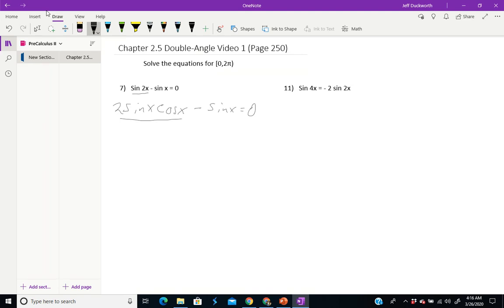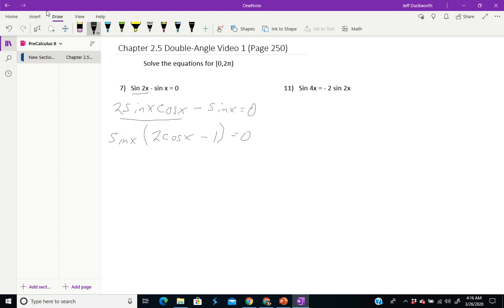That way, if any one of them equals 0, the entire thing equals 0. So we can factor a sine of x out from each piece of this. I'll write sine of x times the quantity 2 cosine of x minus 1. I'm taking the sine of x out of here. There's still something there. It's just 1. And that all equals 0.